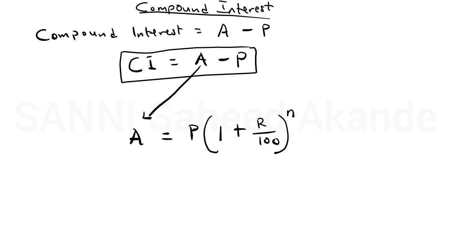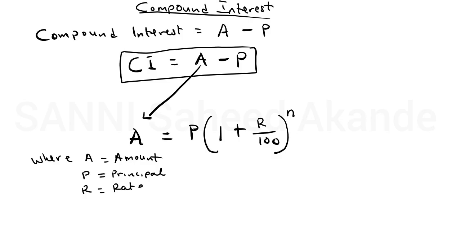Where A is the amount, P is the principal amount, R is the rate, and N is the number of years.